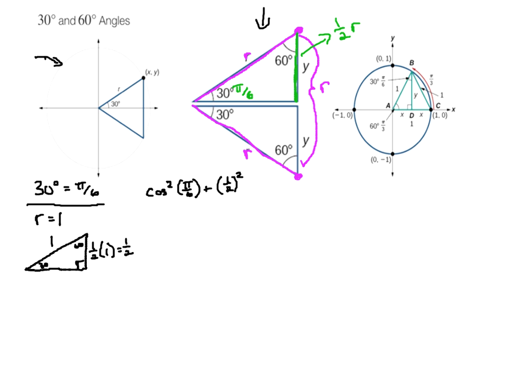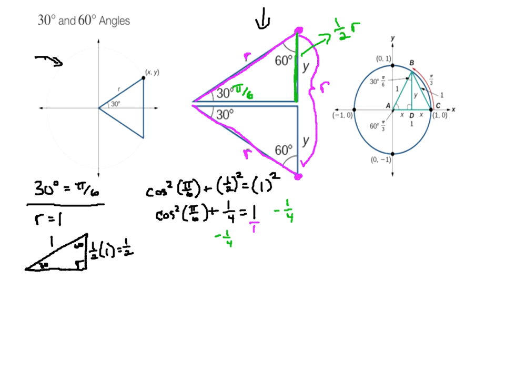So I can input 1/2 squared, and that has got to be equal to 1 squared. Okay, so cosine squared of pi over 6 plus, well, 1/2 squared is 1/4, equals 1. Once again, back to my fractiony math, I need to subtract 1/4 off of both sides.